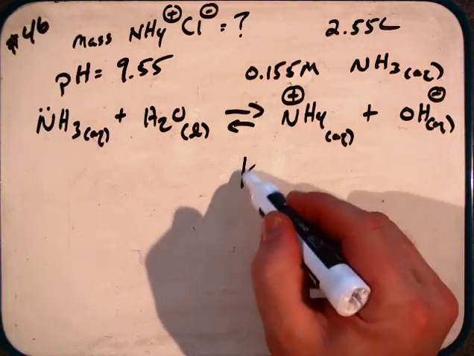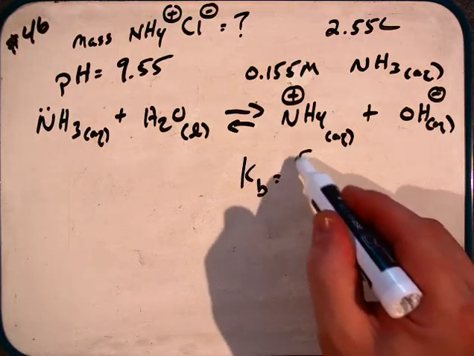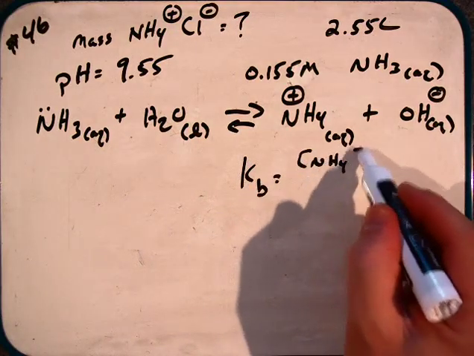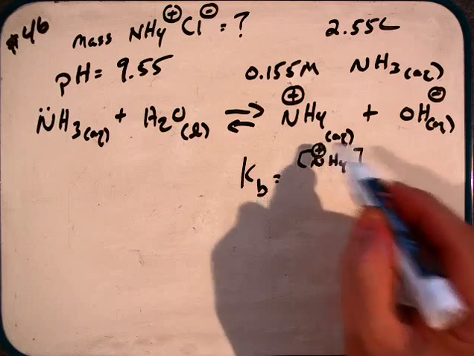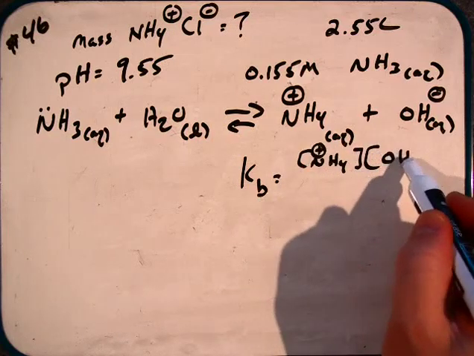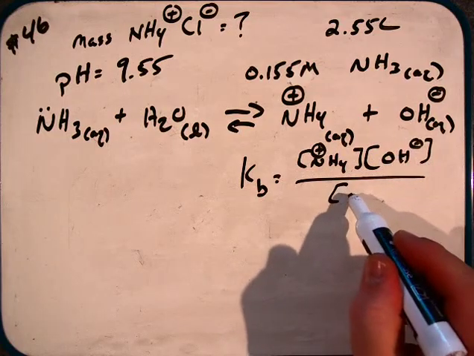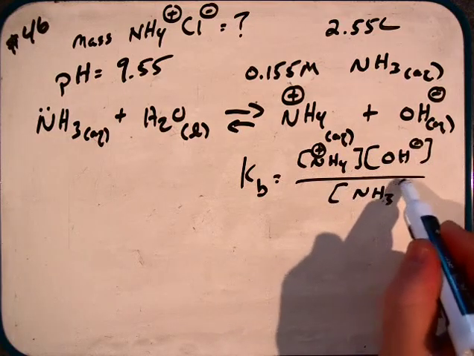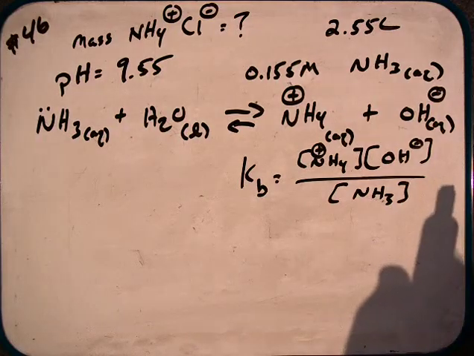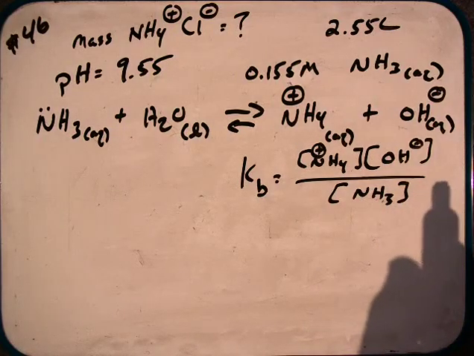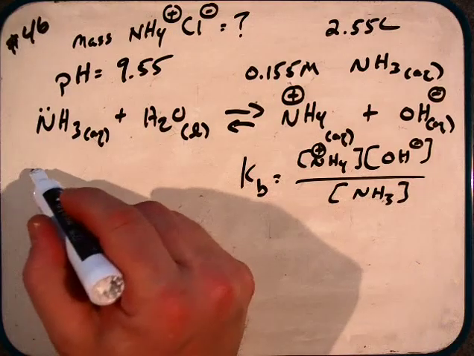That means we have a Kb, which is equal to our products over our reactants. Again, we're going to have to look up that Kb. I'll come back to that in a second, but let's look at our ICE table.